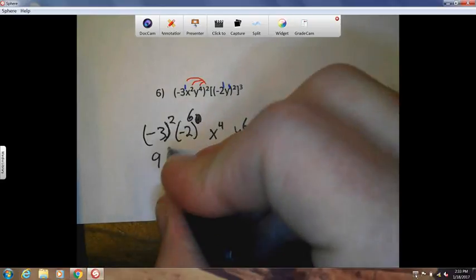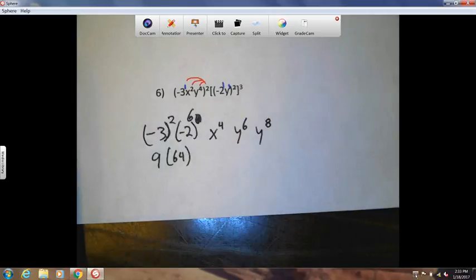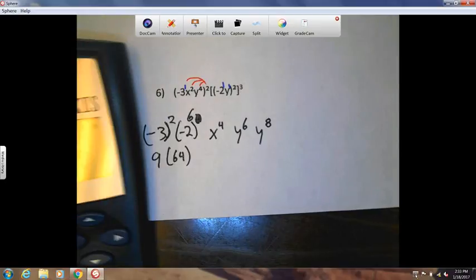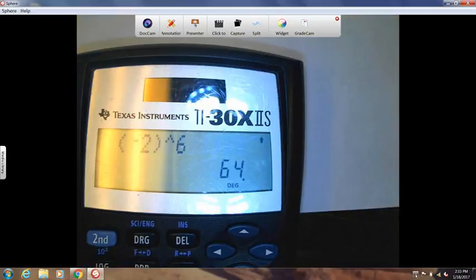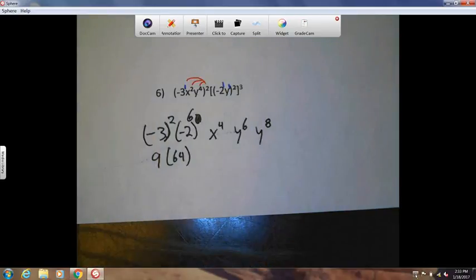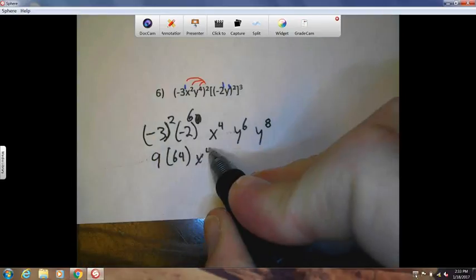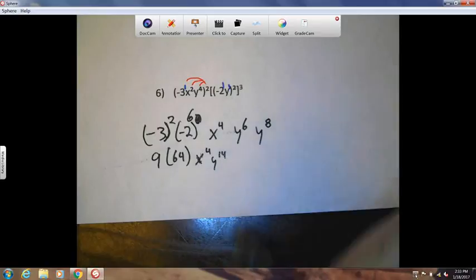Make sure you look at your calculator. When you do the negatives like this, put it in parentheses. And then x to the fourth, this is y to the 14th. So 576, x to the fourth, y to the fourth.